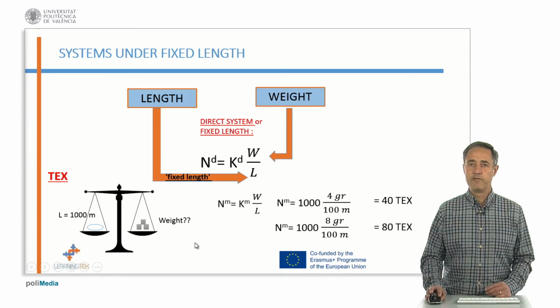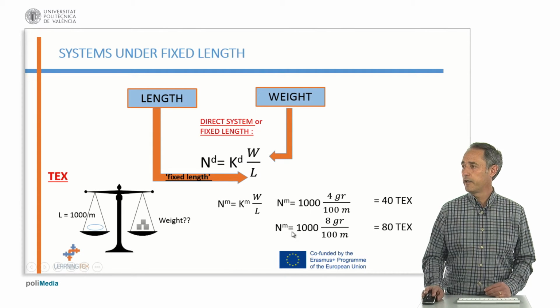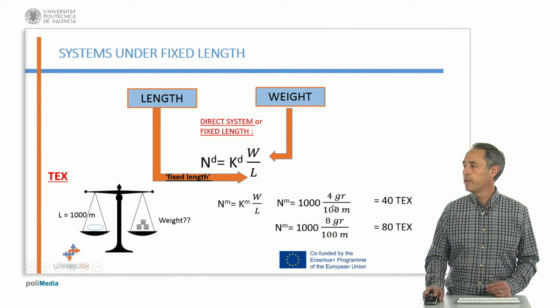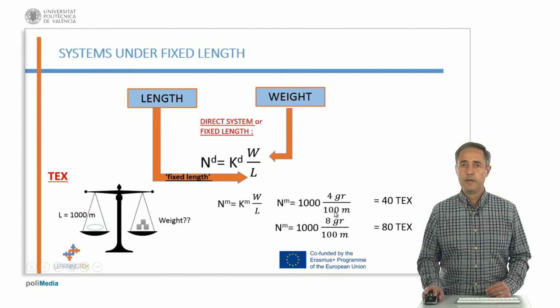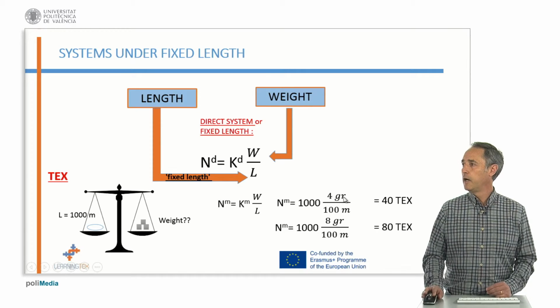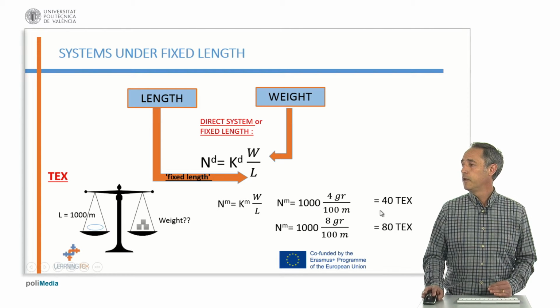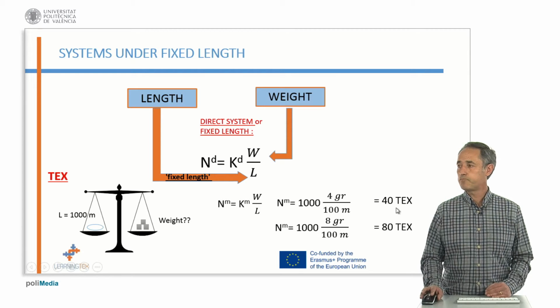Example, if I have a yarn and for a length of 100 meters, it has a weight of 4 grams, and the constant in this case is this one, the number of the yarn is 40 tex.